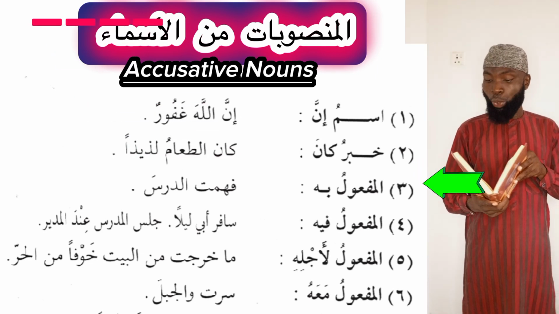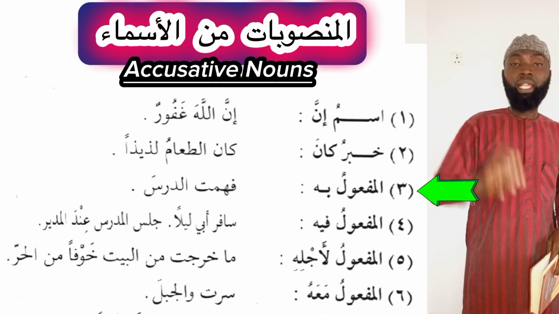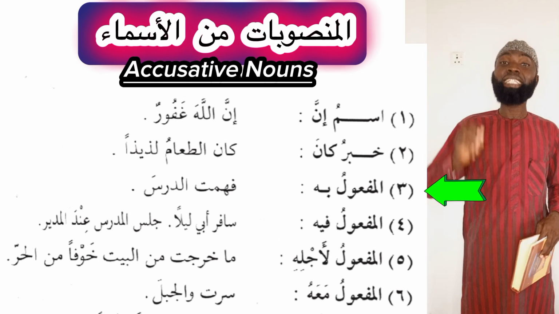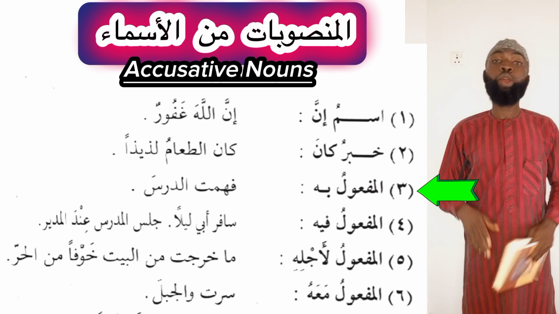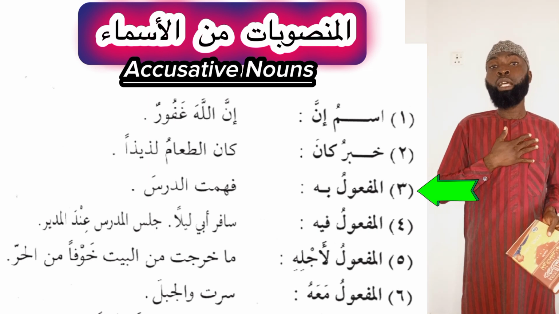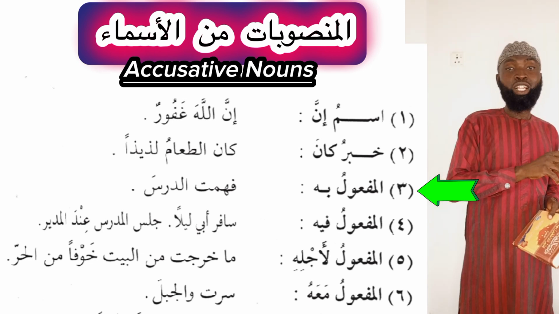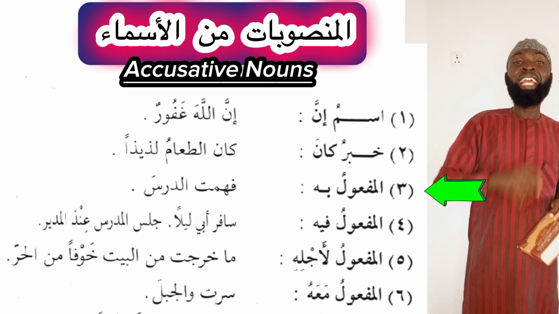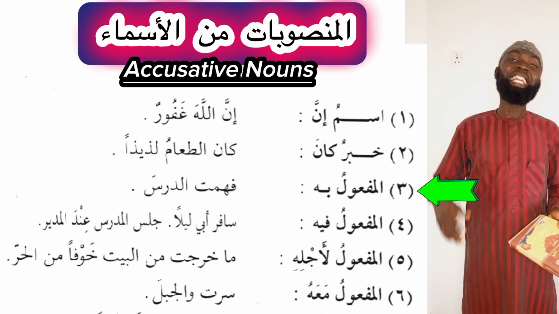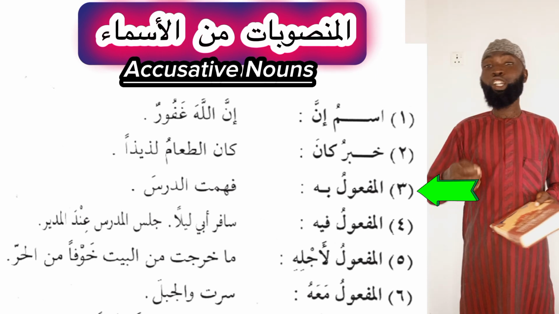The third category we have is the al-maf'ulu bih, that is the direct object of a sentence. When you have a verbal sentence and I say daraba abi aliyan, my father beat Ali, the word Ali there is the object of the sentence, meaning it is the receiver of the action of beating.